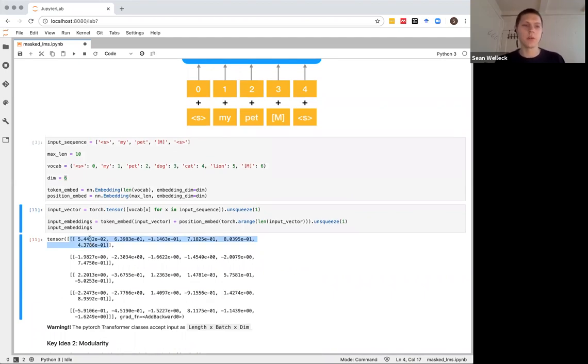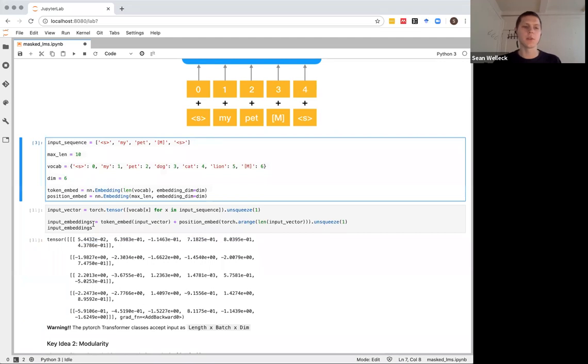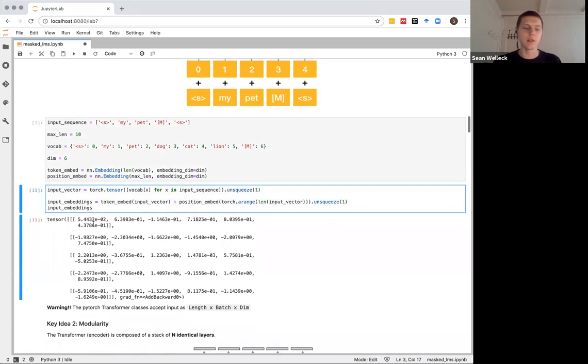This is one way of doing position embeddings. In the transformer paper, they used another method with sinusoidal functions. But this is another way of doing it, and it's similar to the way they use in the BERT model.